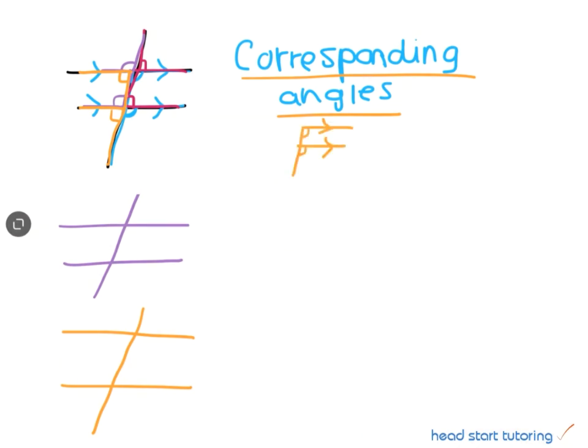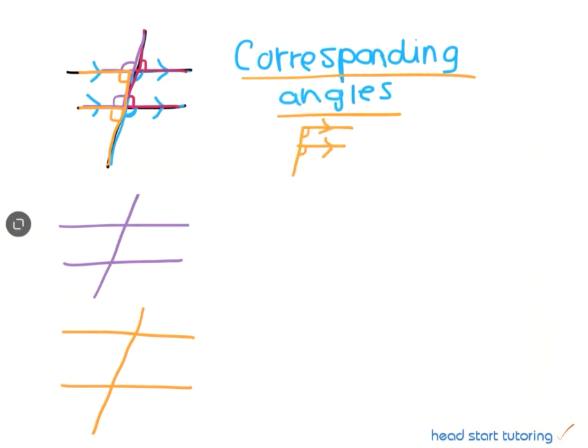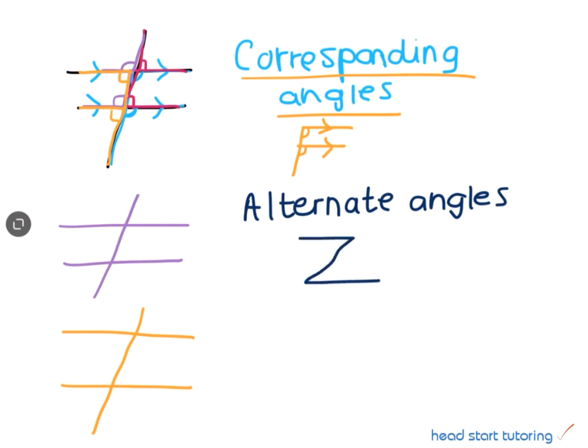Right, let's have a look at our alternate angles. With our alternate angles, we are looking for a Z or an N shape.